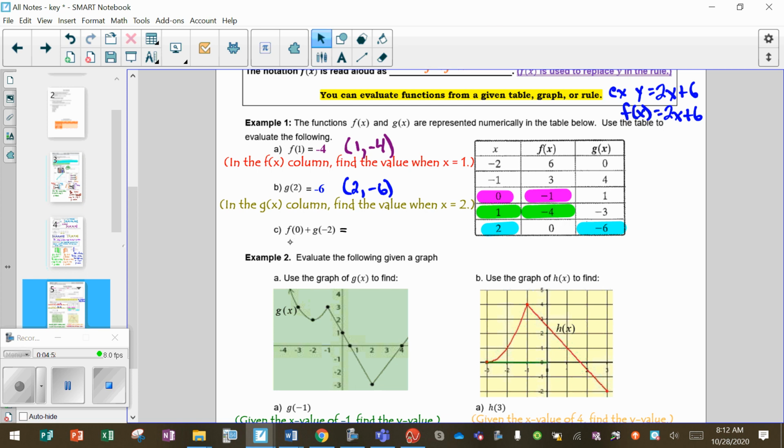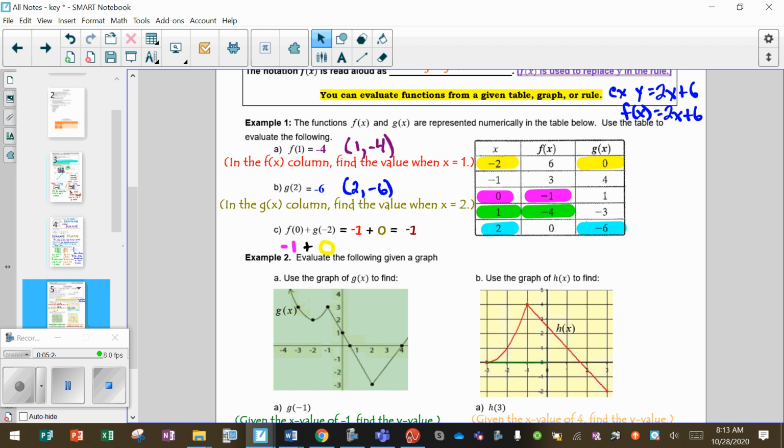Then in the g column, go to where x is negative 2, and the y value would be 0. And we are supposed to add them together. So negative 1 plus 0 is negative 1.